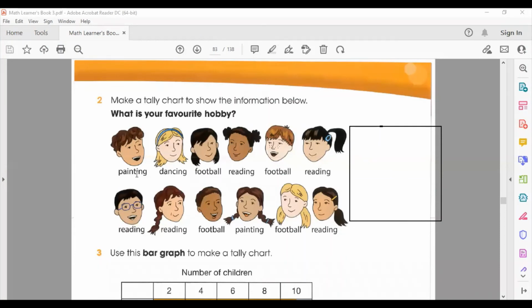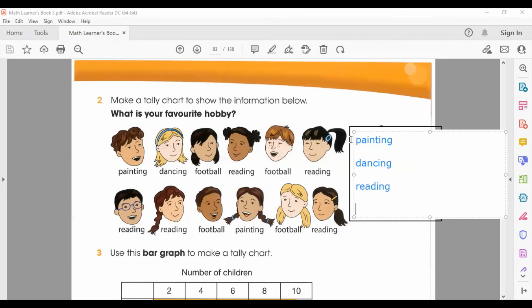What are the 4 hobbies? Number 1, painting. Number 2, dancing. 3, reading. Number 4, football. After this, we need to draw a line in the center.